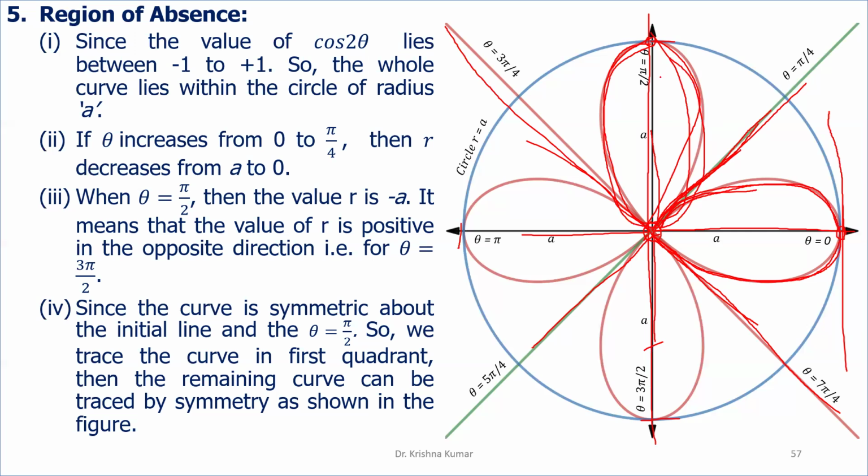Right? And again, since this is symmetric about this, the same thing we will get over there. Since this is symmetric about the initial line theta equal to 0, what we get above, we get the same below the initial line. So this is the approximate shape of the given rose curve.